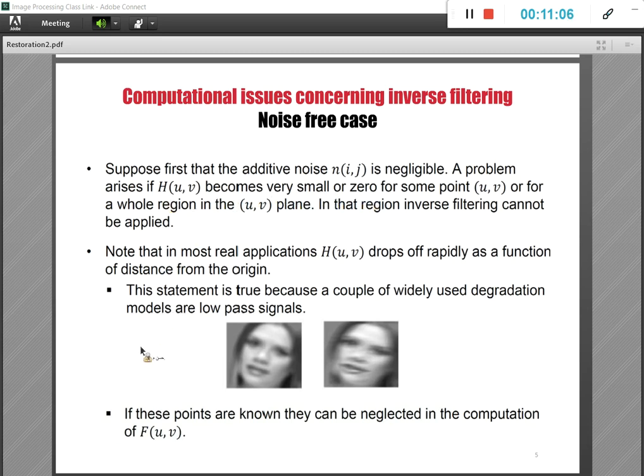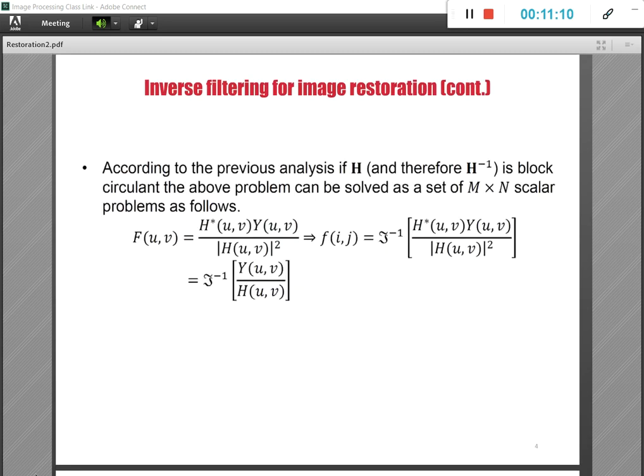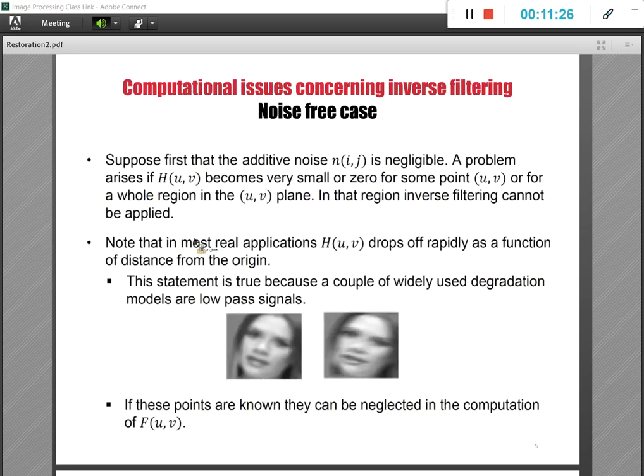Here we had H in the denominator. If H was very small or about 0, what about this term? It's very bad, and we are talking about it.